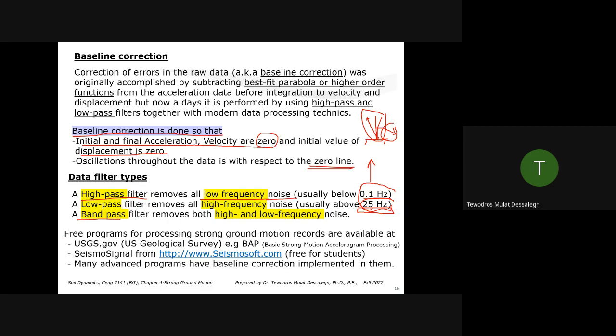There are free programs for processing strong ground motion records. USGS, the United States Geological Survey, has a program which is free for any user. It's called BAP, Basic Strong Motion Acceleration Processing. Or there is a widely known one, SeismoSoft. It's commercial software, but they provide it for free for students.